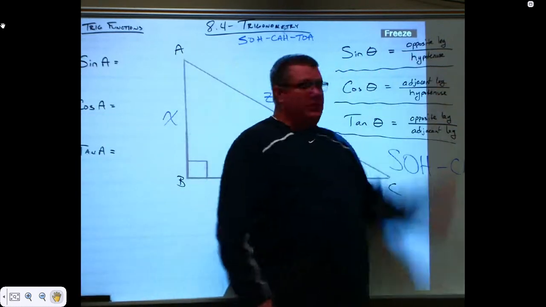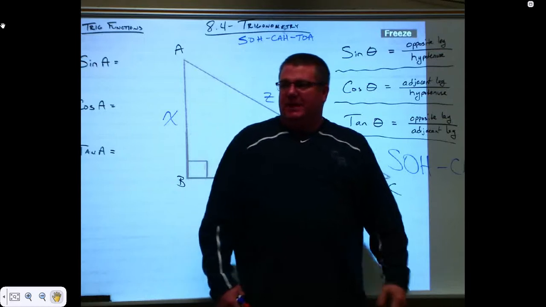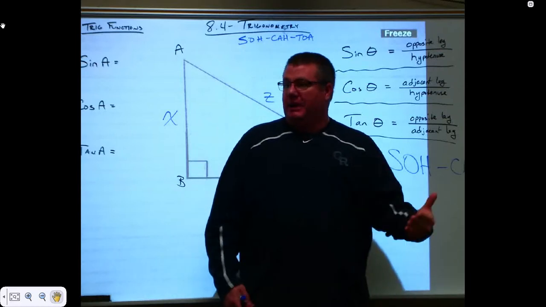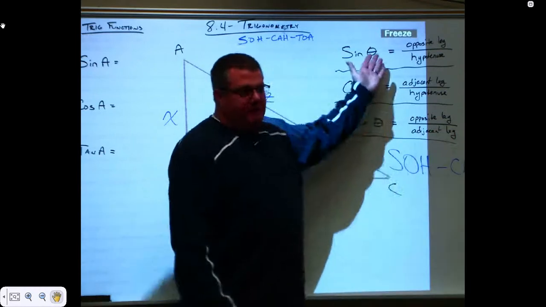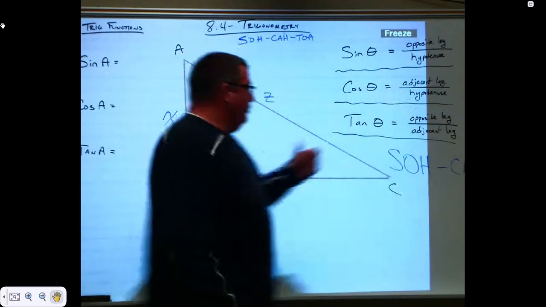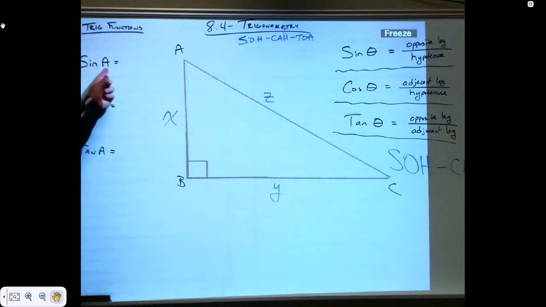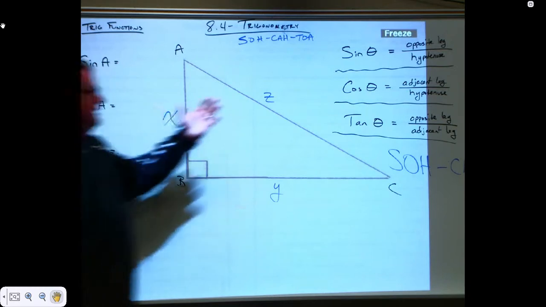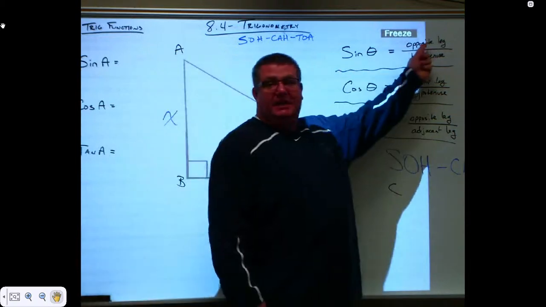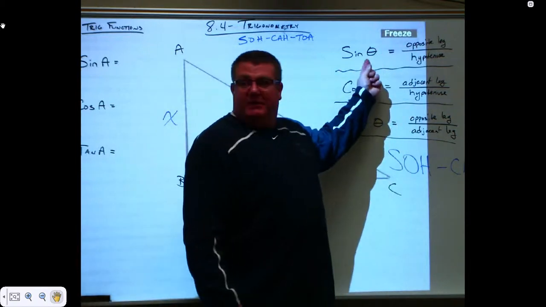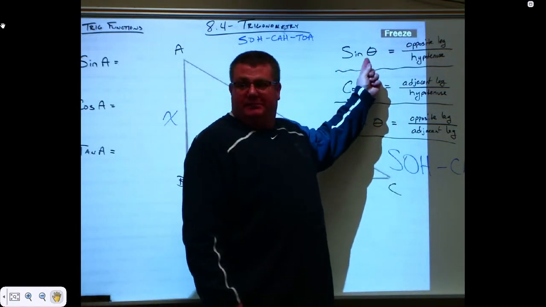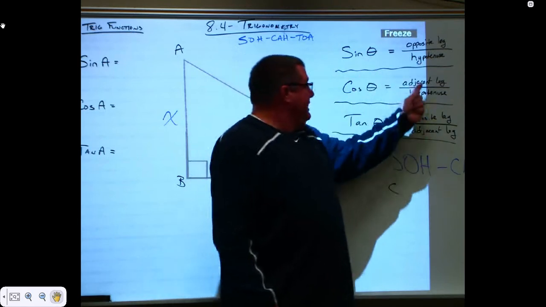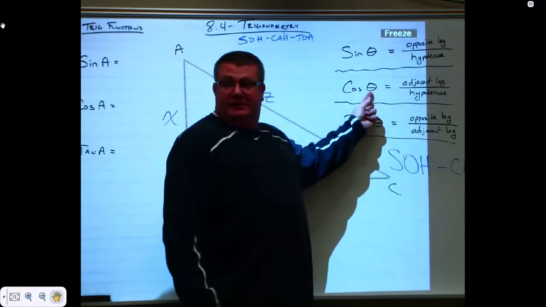How are you supposed to know what the opposite leg is? Because opposite is opposite of something. That's why the angle is so important, because you have no idea what the sine of A could be if you don't realize that you're always talking about the opposite with respect to the angle, or the adjacent to the angle.